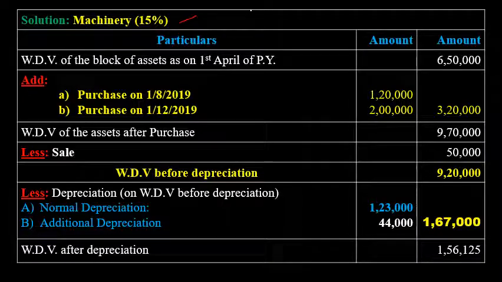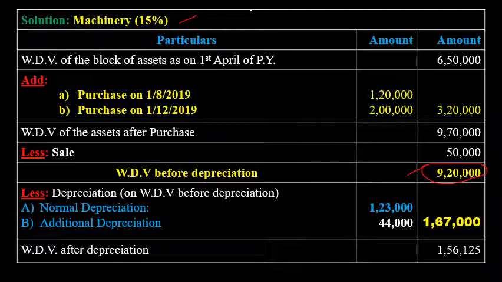Next sale, 50,000. One machinery was sold in the previous year and its cost was rupees 50,000. Now the written down value before depreciation is 9,20,000. This value is important for the calculation of depreciation. So depreciation is to be calculated on the written down value, and the value considered for the calculation of depreciation should not be more than the written down value before depreciation.